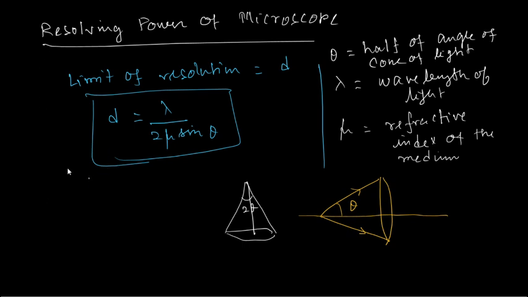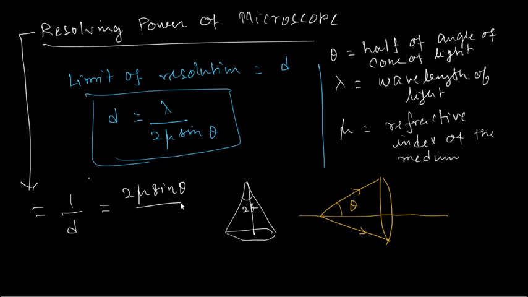So d is equal to lambda divided by 2 mu sin theta. What is the resolving power? It is the reciprocal of the limit of resolution. In that case, d is equal to lambda divided by 2 mu sin theta, so the reciprocal means 2 mu sin theta divided by lambda.